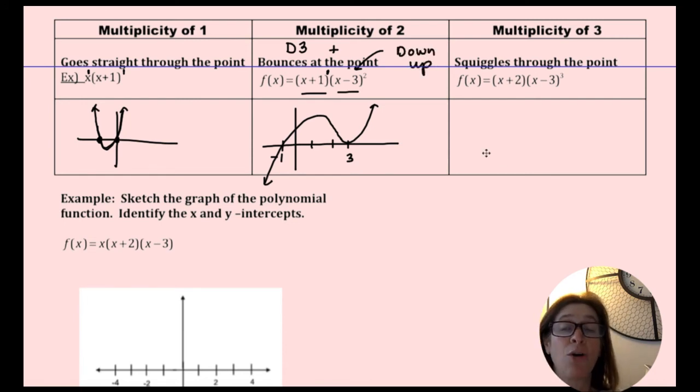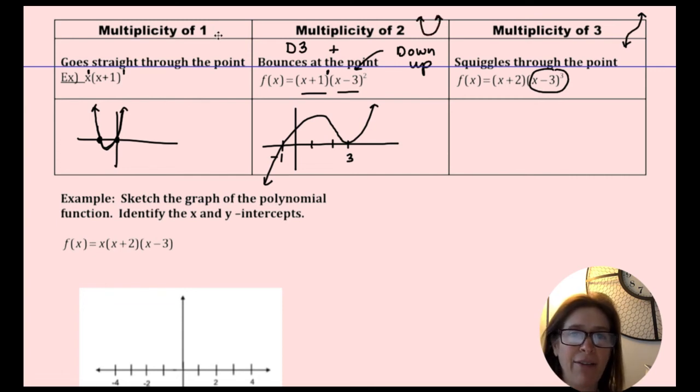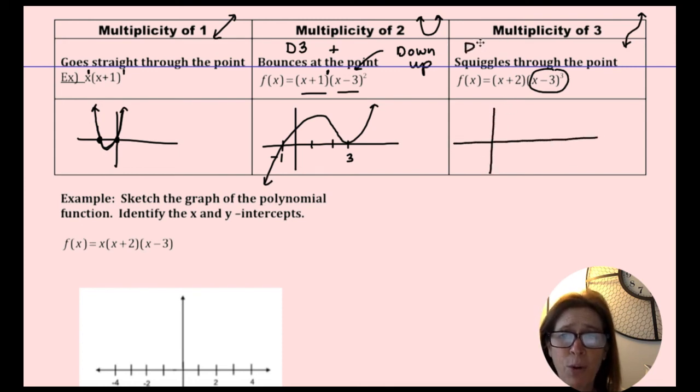The last multiplicity we can have is a multiplicity of 3. You can see here it looks like a cubic. Remember, the cubic graph looks like that, the quadratic graph looks like that, and the linear graph looks like that. Those are the multiplicities, and that's what's telling me what's happening at that point. I like to call this a squiggle through that x-intercept. Here we have a degree 4 polynomial.